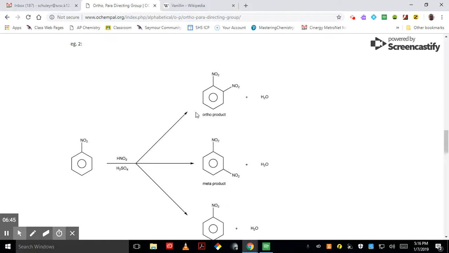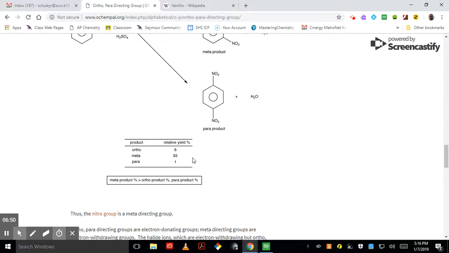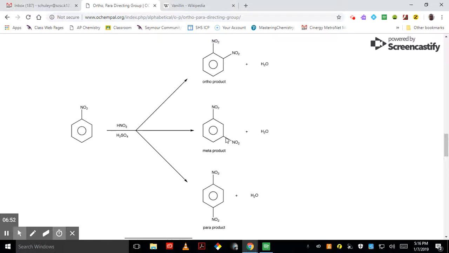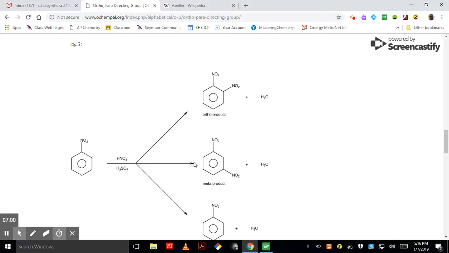When we add nitric acid and put another NO2 on, 93% goes to the meta position. You get only 1% para and about 3% ortho. So essentially, most of the product is this meta product.